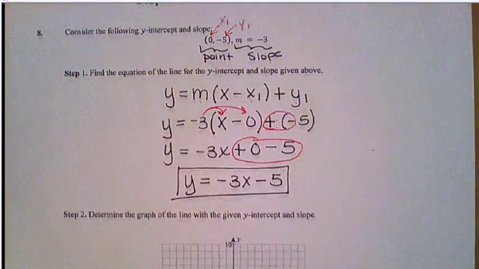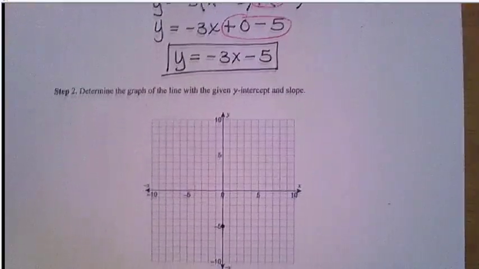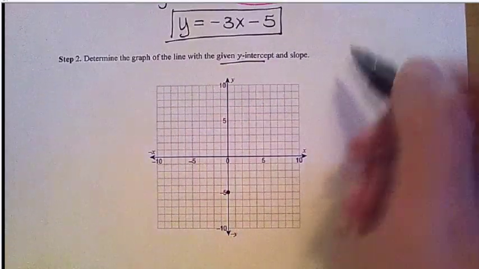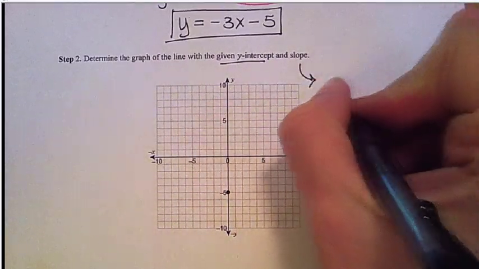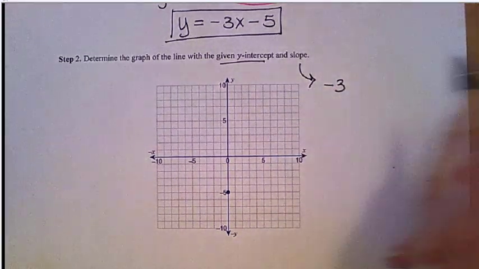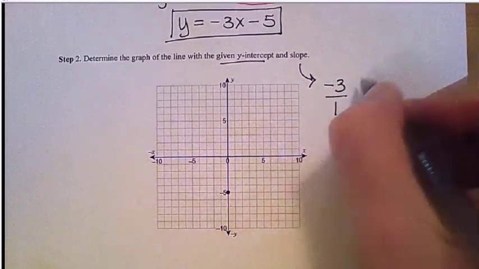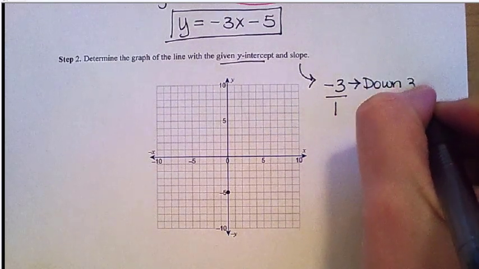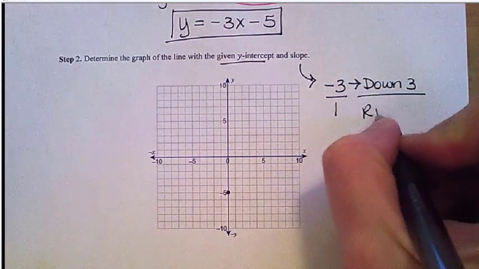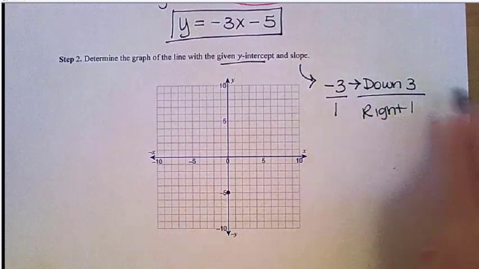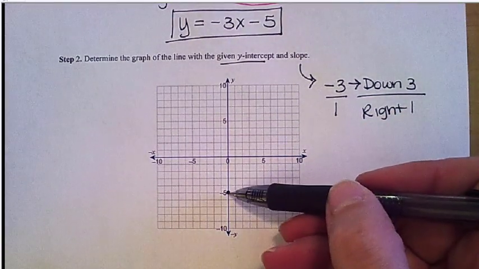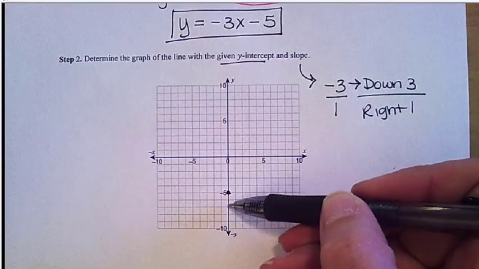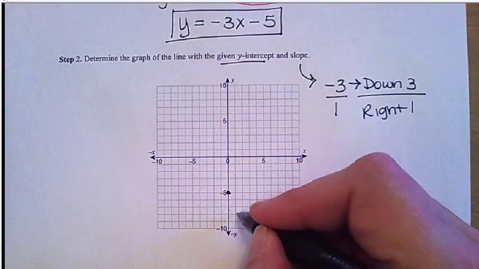Now, notice step 2 is actually asking us to finish graphing this problem. It's already graphed the y-intercept. Remember, our slope was negative 3. Well, it's negative 3 over 1. So since that's negative, we're going to go down 3 and to the right 1 since that bottom is positive. Starting at our y-intercept, which is already marked on our graph, we're going to go down 3 and to the right 1.